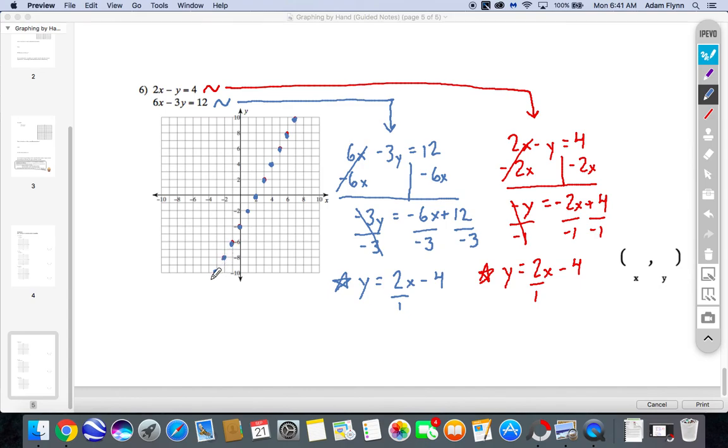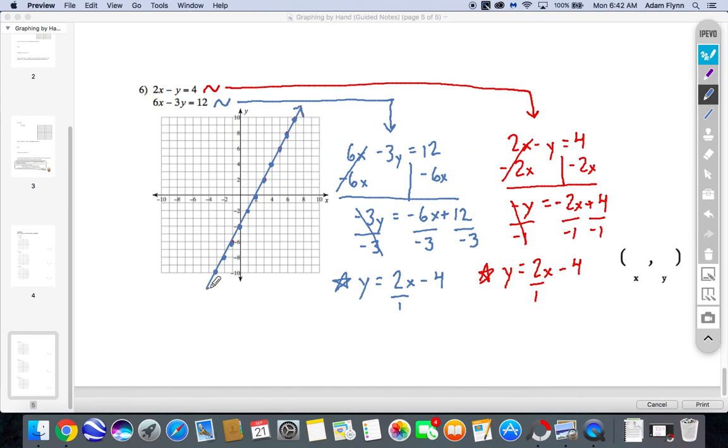One was just a scaled version of the other. So if you take a look here, if you were to multiply this entire top equation by 3, you would actually get this bottom equation. So that was kind of sneaky. Two different equations in the same form, but turns out they create the same exact line. One is just a scaled version of the other.